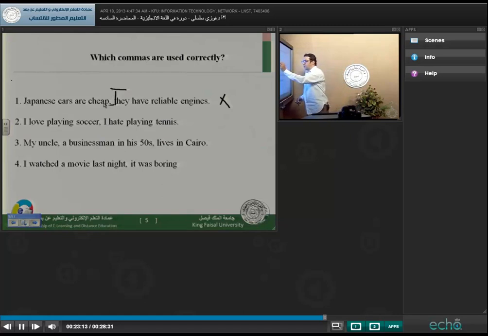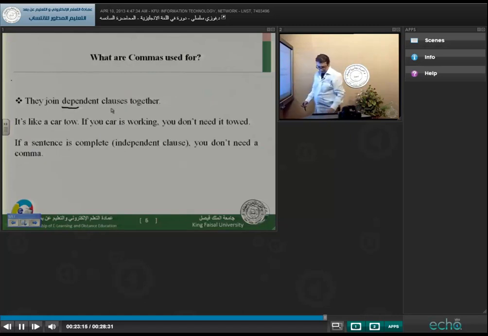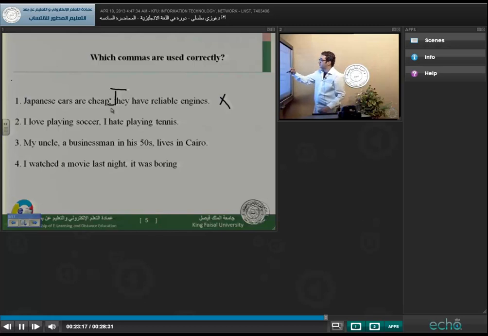Let me do it properly. So we put a full stop there and a capital letter. Japanese cars are cheap. They have reliable engines. So now it is correct.